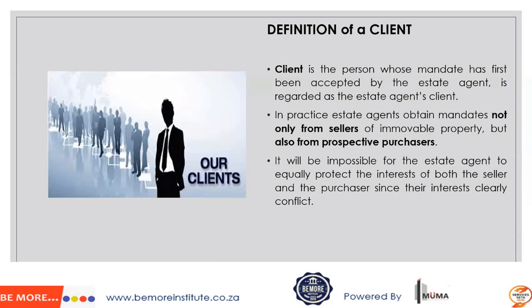Because sometimes a purchaser can think either too big or too small. If you know maybe he can qualify for 2 million, but he wants to buy for 1.5, you know for sure you will not have a problem to get a bond for that person. And that is very important, and you are not going to run up and down with a client.